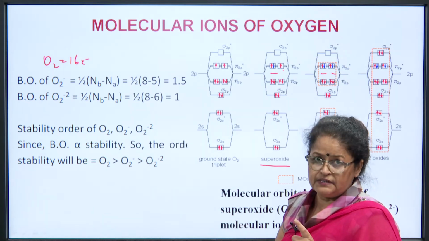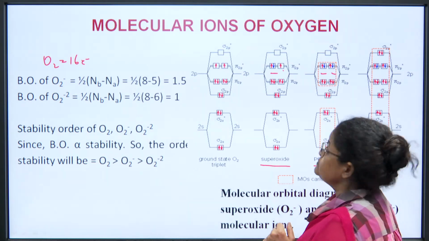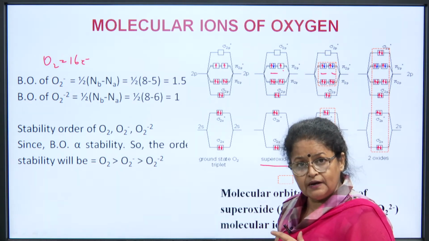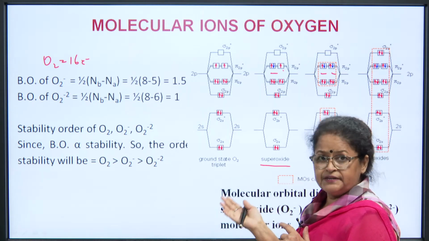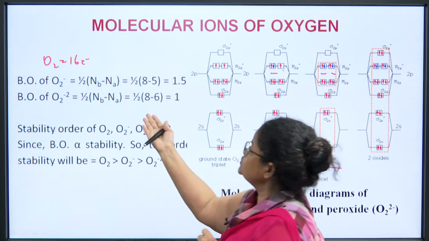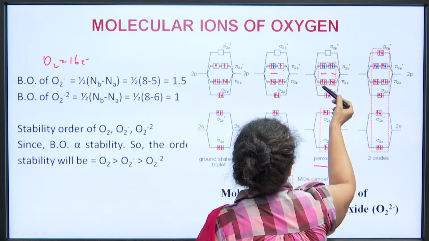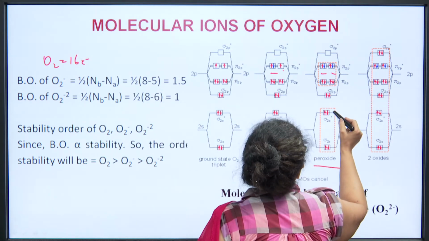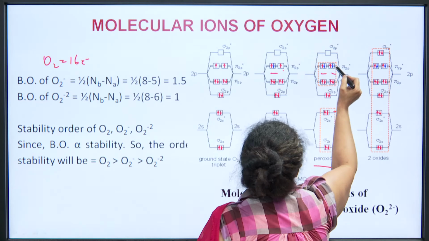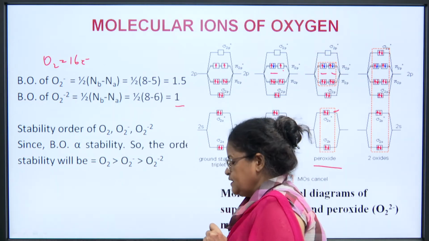It will be paramagnetic in nature. The peroxide has both the electrons paired in the outermost MO as well, so the magnetic character it will show is diamagnetic. Let us find out its bond order. You can calculate it from here: 2 plus 2 is 4 and 4 is 8 bonding electrons, and the anti-bonding electrons are 2 and 4, 6. So, therefore, the bond order is 1.